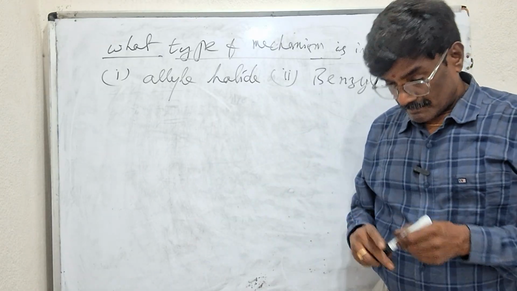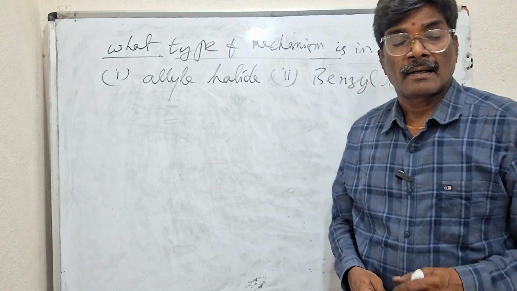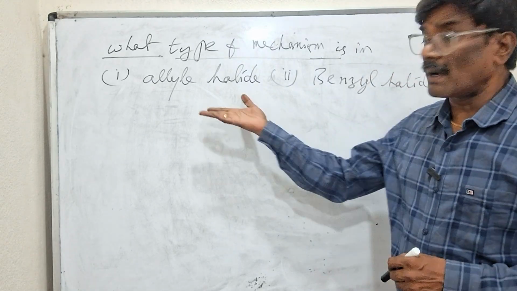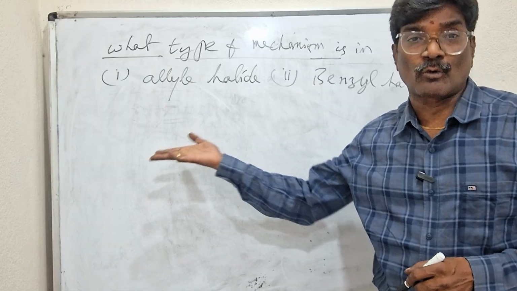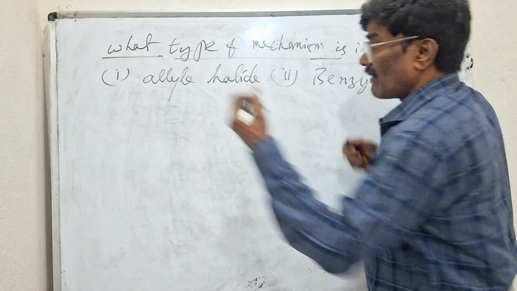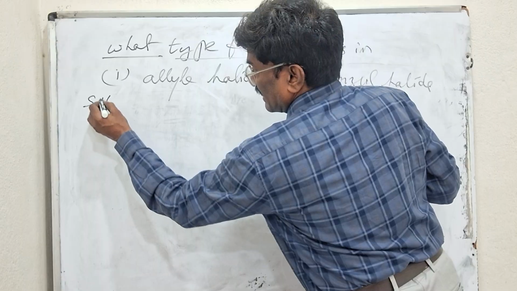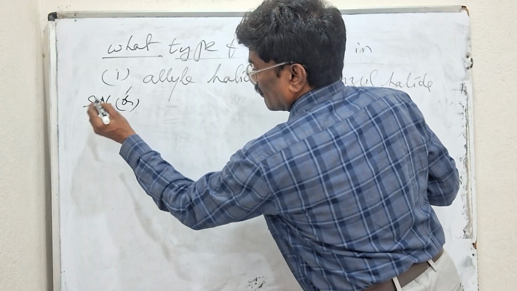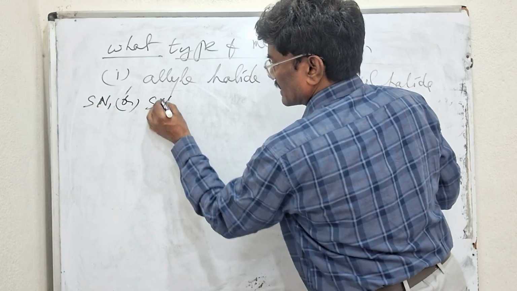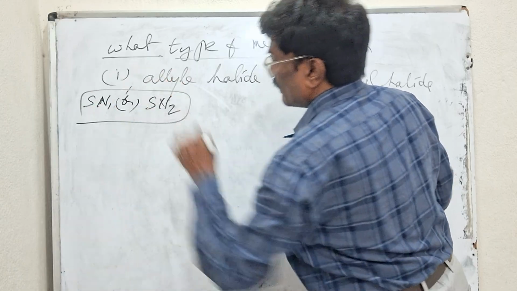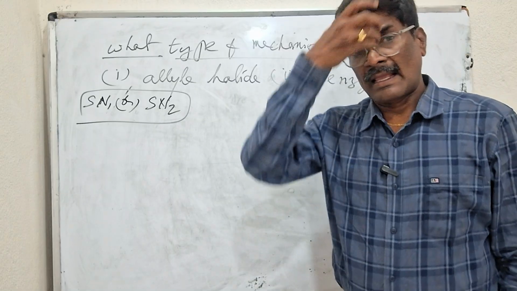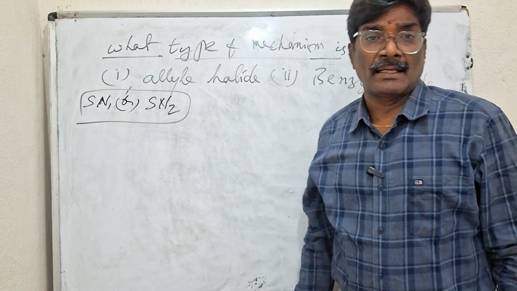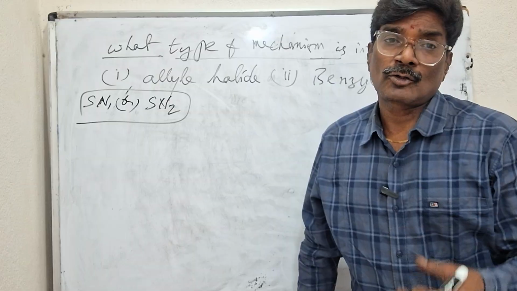Are these suitable for SN1 mechanism or SN2? We have to decide. There are two chances, SN1 or SN2. Which is more feasible? We should know that an SN2 reaction takes place in a single step, SN1 in two steps.